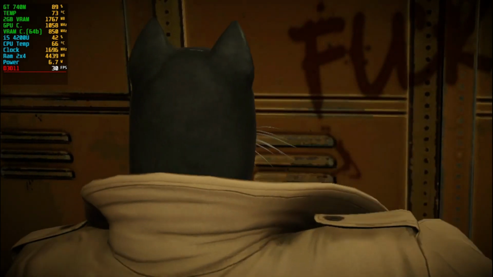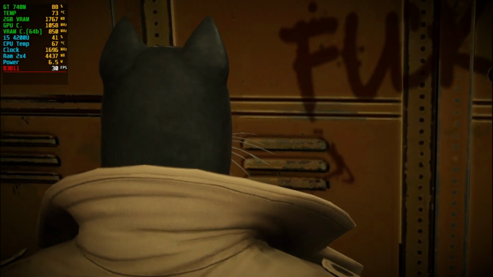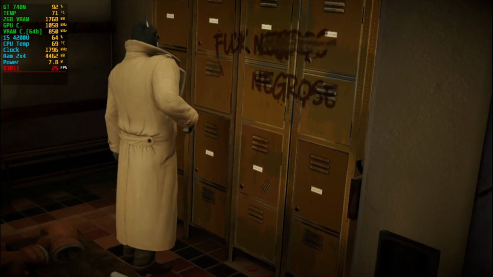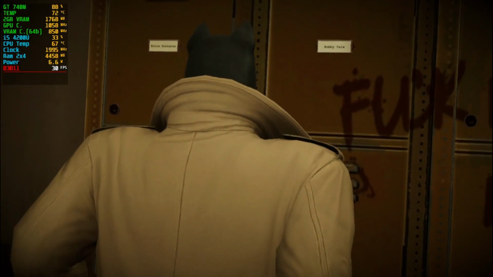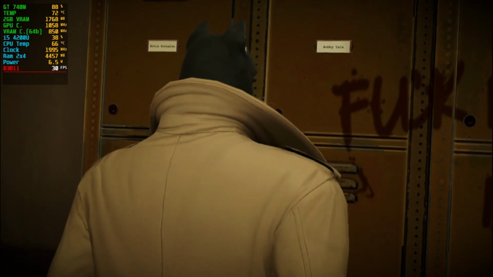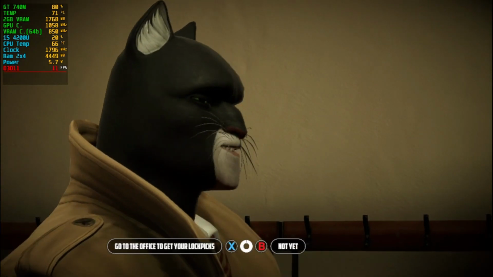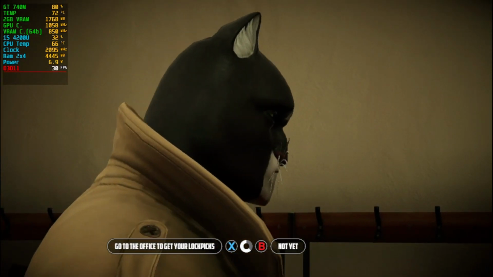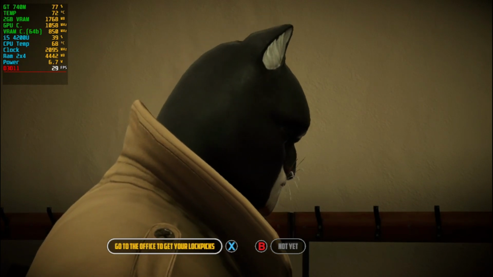Locked, but a true detective never leaves home without his... Huh? Sometimes even the most experienced detective has to go home to get his lockpicks.